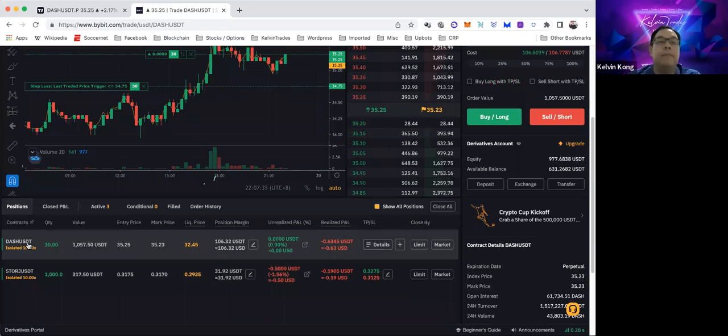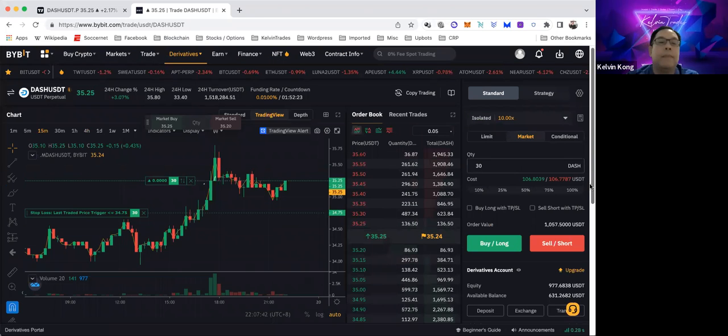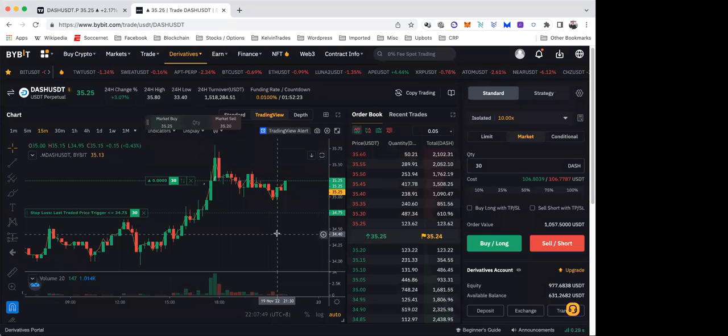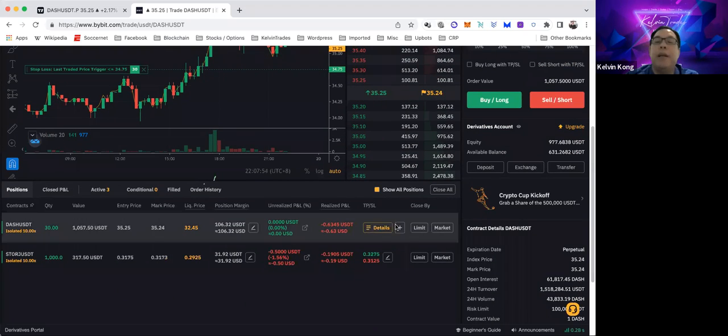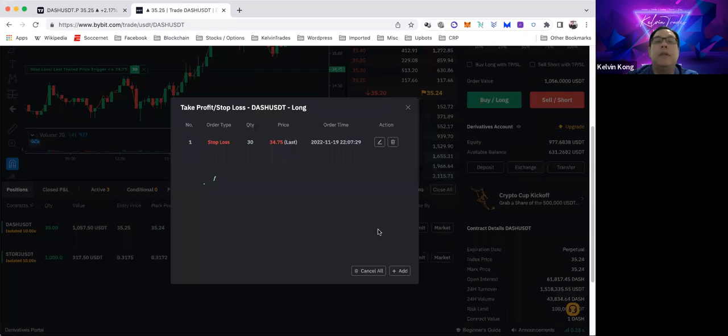Dash market order. Yes, done. So again, I repeat, you have your stop loss over here. If you click details, that is your stop loss 34.75. It's a market order.